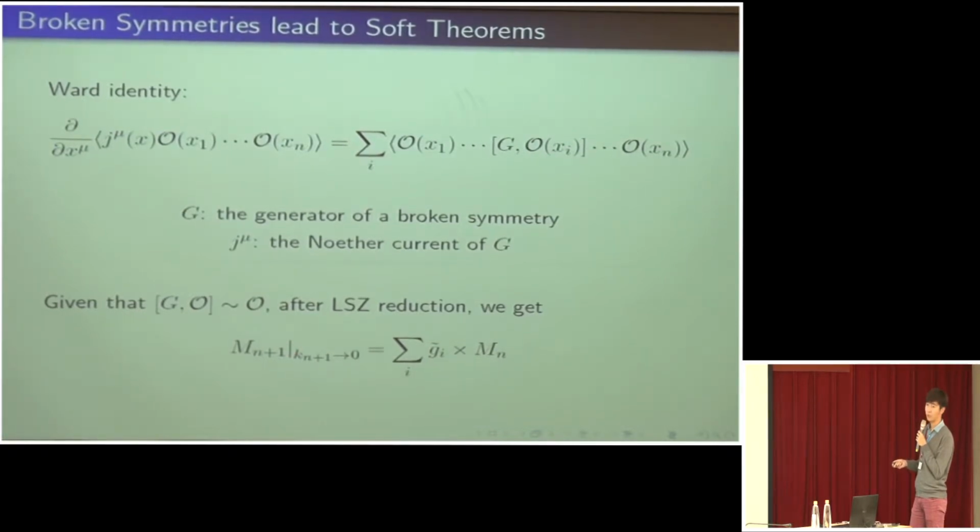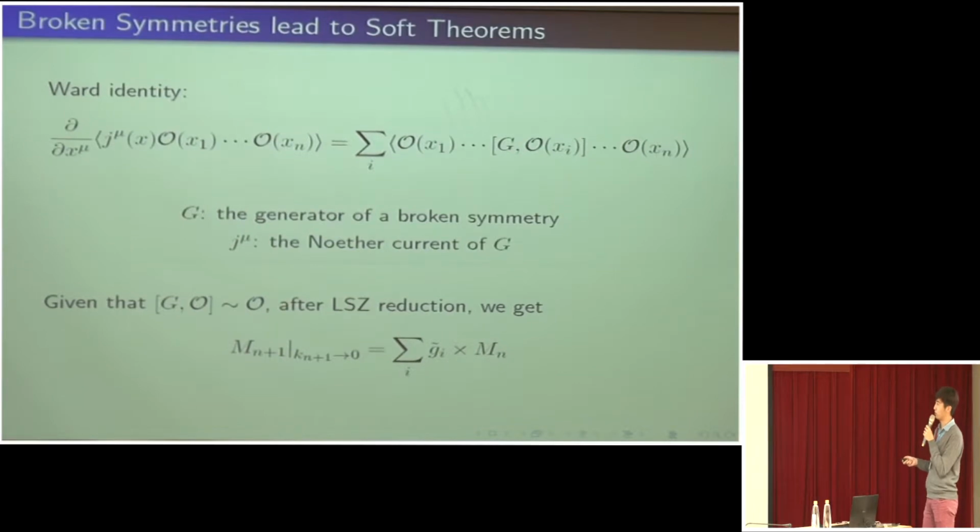In the LSZ reduction here, we should do the n plus 1 times LSZ reduction on the left-hand side, and n times LSZ reduction on the right-hand side. But we have to do the same thing on both sides of the equation. So we will have the momentum of the current J to be soft.